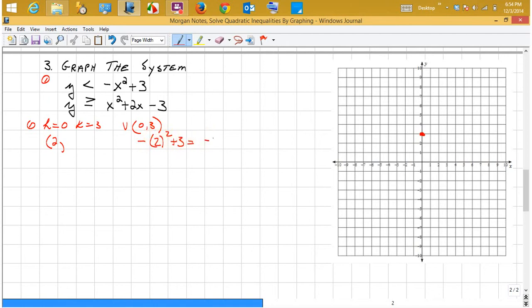That would be negative 4 plus 3, which is equal to negative 1. So I would get 2, negative 1. Then I have the mirror point on the other side. That would be a dashed line, or dashed curve, because it's not equal to.